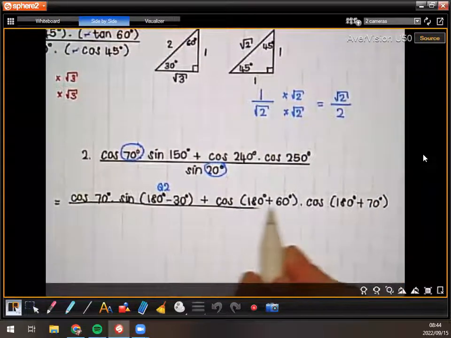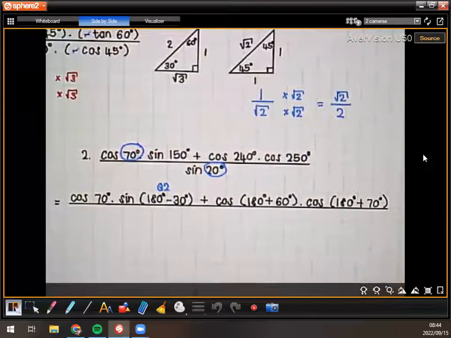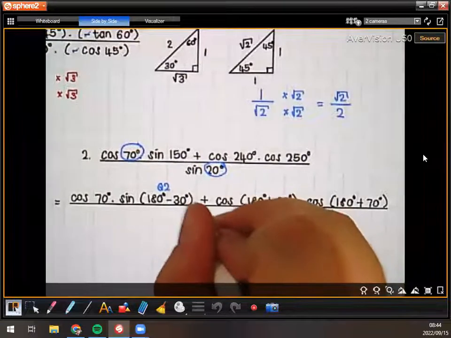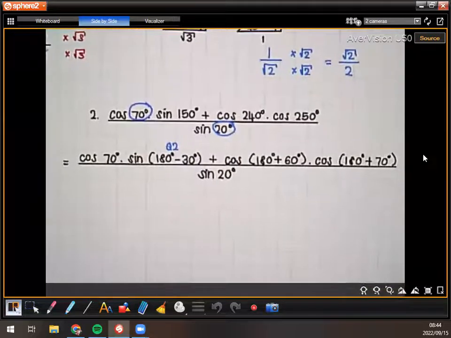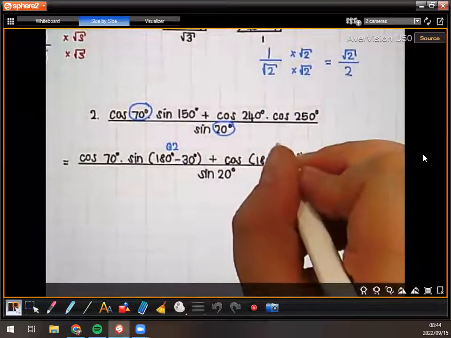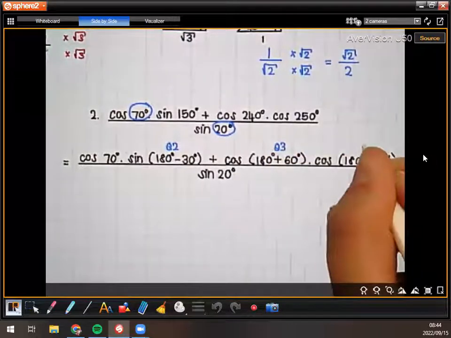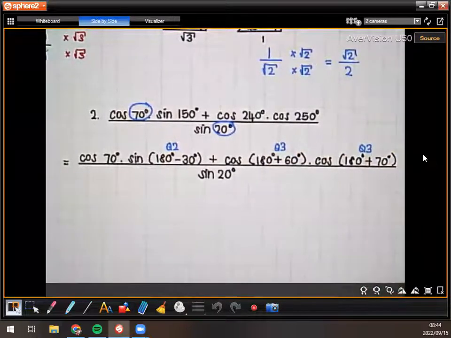And that is then all over sine 20, which we're gonna keep as it is for now. I forgot to put the quadrants of these other ones. 180 plus is quadrant 3, and 180 plus again is quadrant 3.